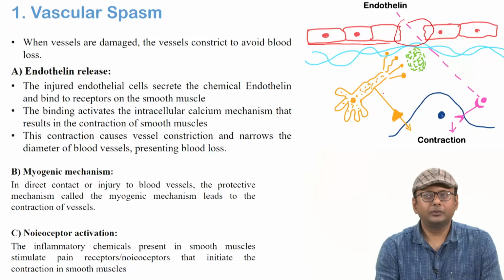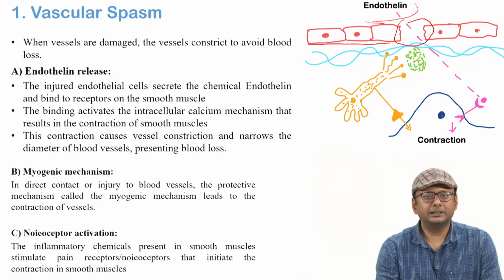Whenever there is an injury and blood loss, a molecule called endothelin gets secreted or released by the endothelial cells near the injured area. And what does this endothelin do?